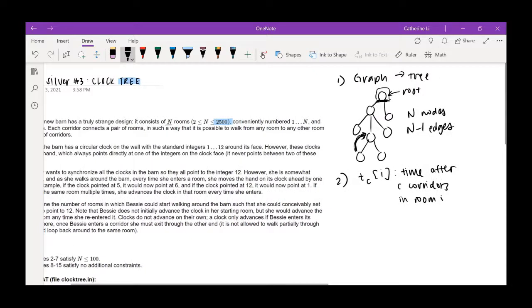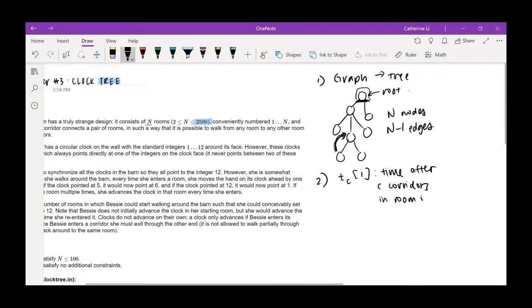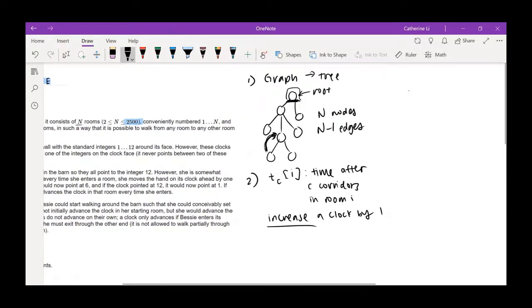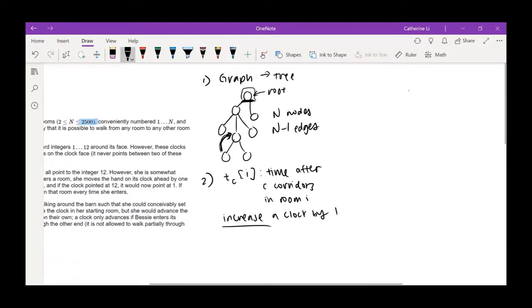And we know that every time she's going to increase one of the clocks by 1. So I think one natural thing to look at now is the sum of the T_C's over time.